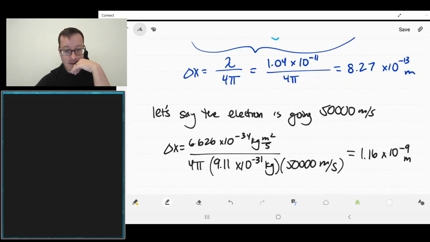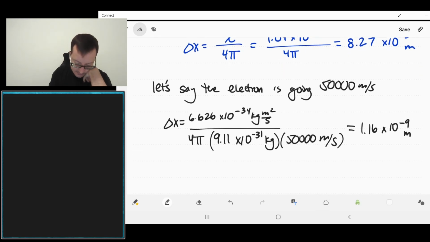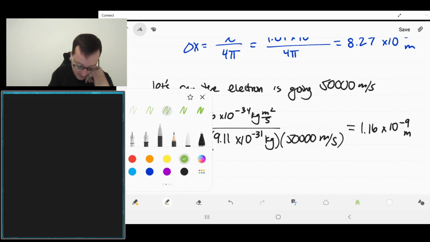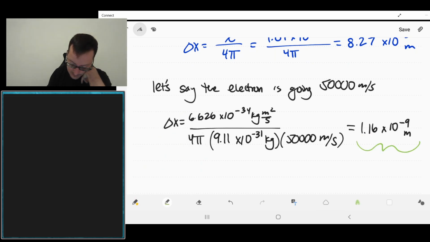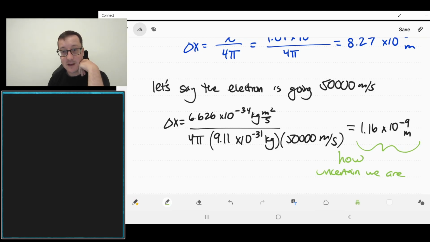So this is the uncertainty. This is how uncertain we are. That means our error in measuring the distance of where the electron is is off potentially by 1 times 10 to the negative 9th meters.